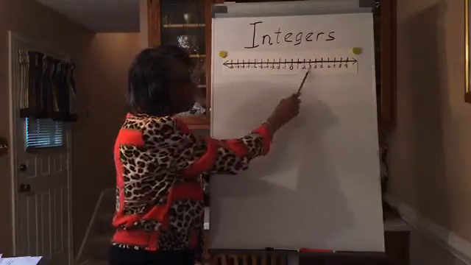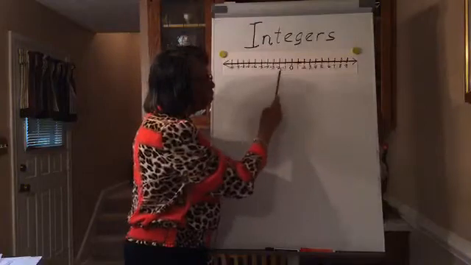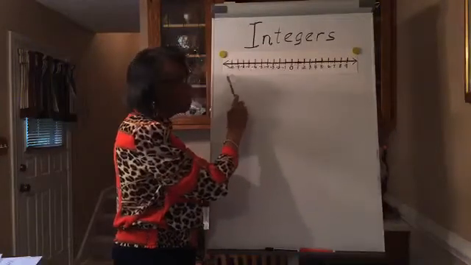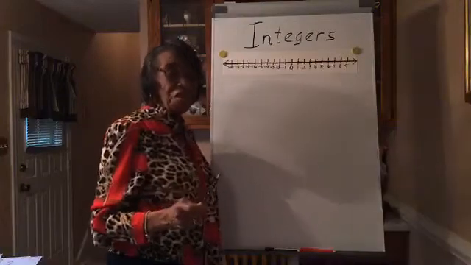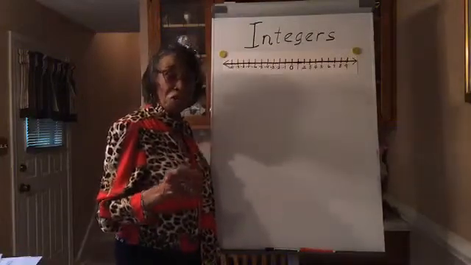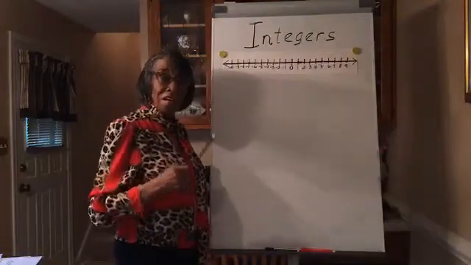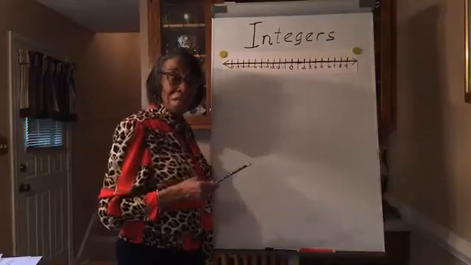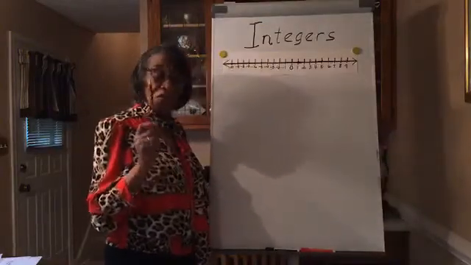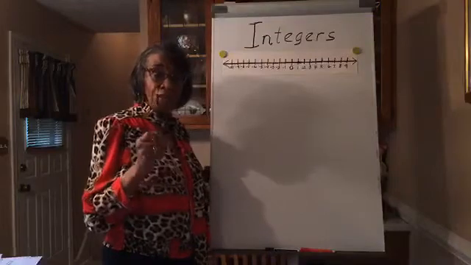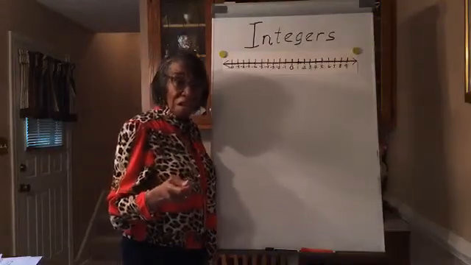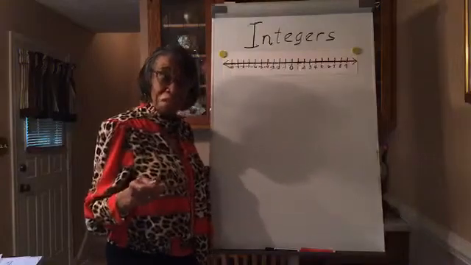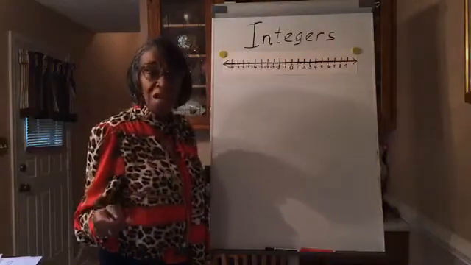We use these numbers all the time, but many of us don't think about them. For example, when you overdraw your bank account $10, that's negative 10. And when they add a fee of $35, your bank account ends up being negative $45.